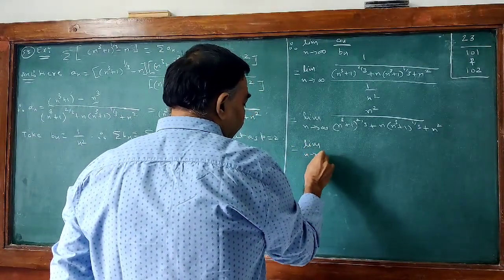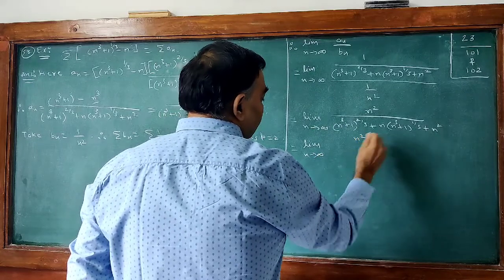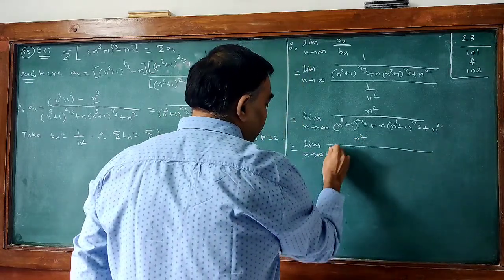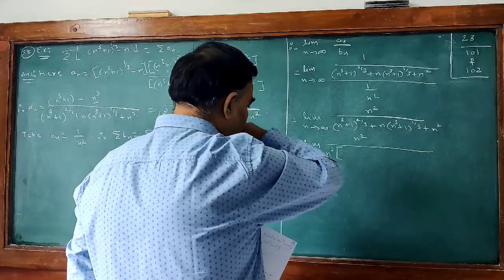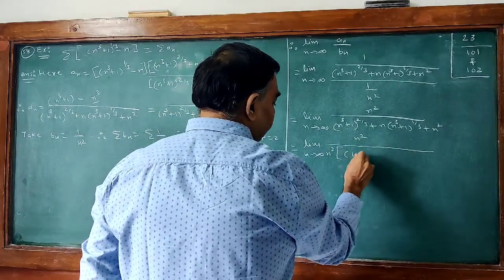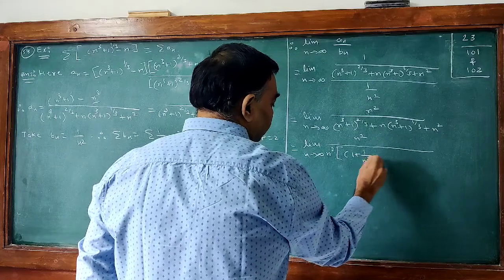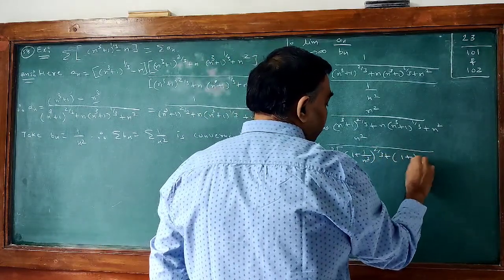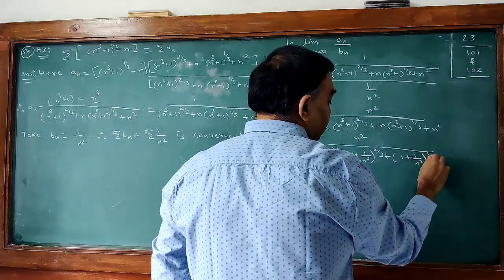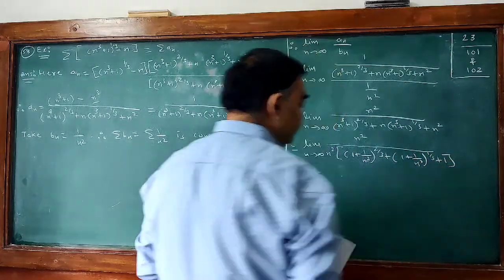Limit n tends to infinity n square, from this n cube comes out, but outside only n square will come. 1 plus 1 upon n cube to the power 2 by 3, 1 plus 1 upon n cube to the power 1 by 3, plus 1.